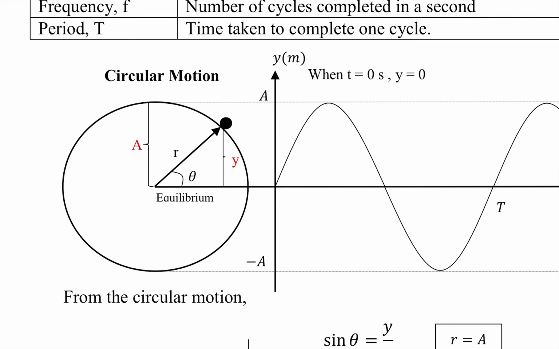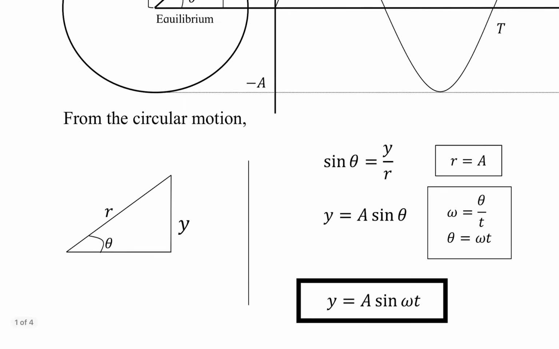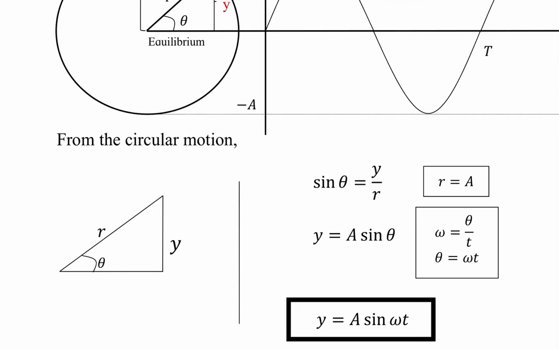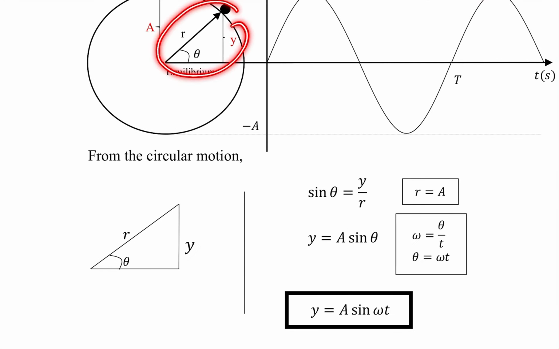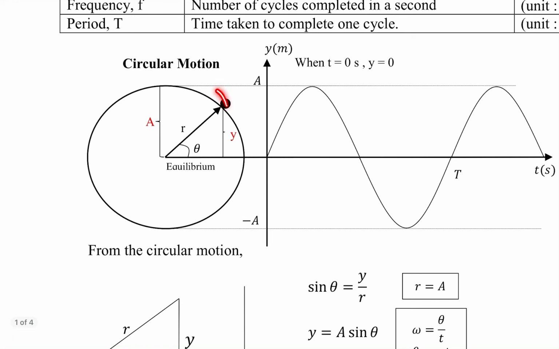So we know that after some time it undergoes the angle theta, the angular displacement. Kita boleh guna triangle yang ini. Sin theta is opposite over hypotenuse, so opposite y over r. But when your object is here, we know that r is equal to A, because A is the maximum amplitude, the maximum displacement from the equilibrium position.